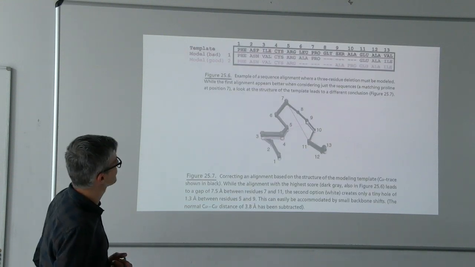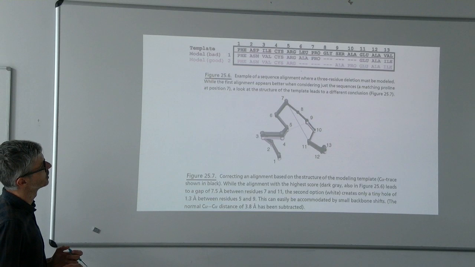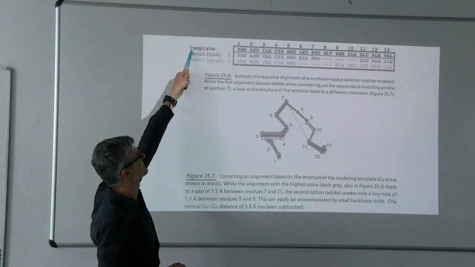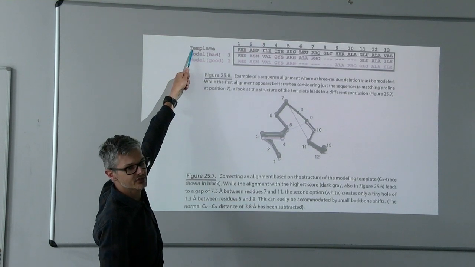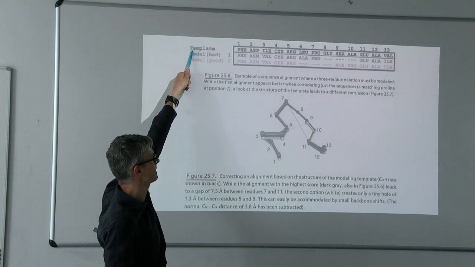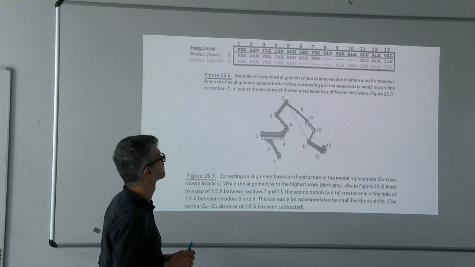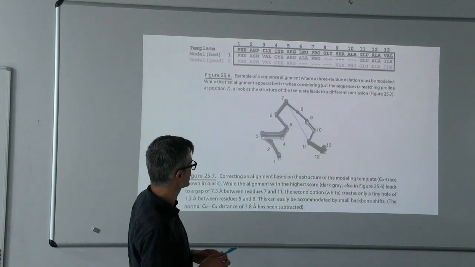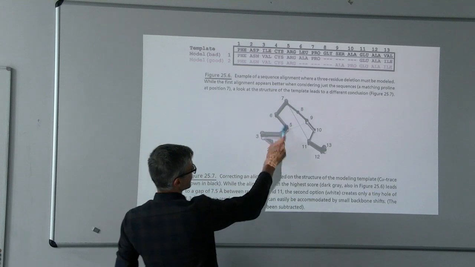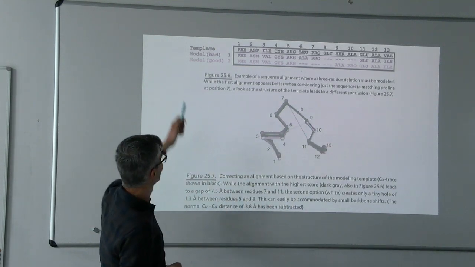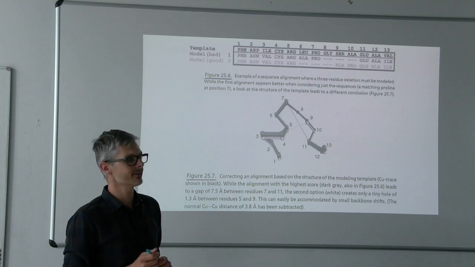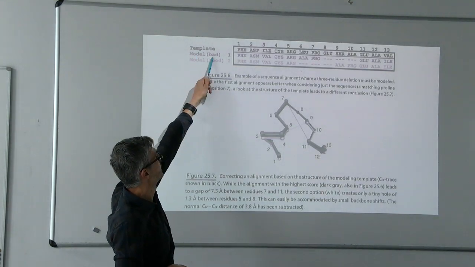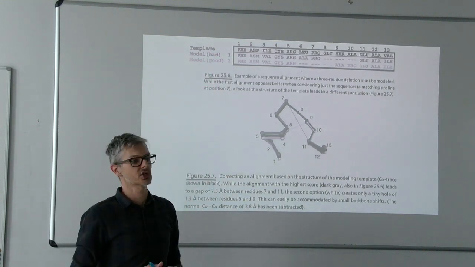And this is actually a very nice slide to illustrate this. The dark one here is the template. This is the one you find in the PDB database, so you know that structure. You have 13 residues starting here, 1, 2, 3, and so on. Then what a normal alignment program would do, with your model sequence, is generate a bad initial alignment.